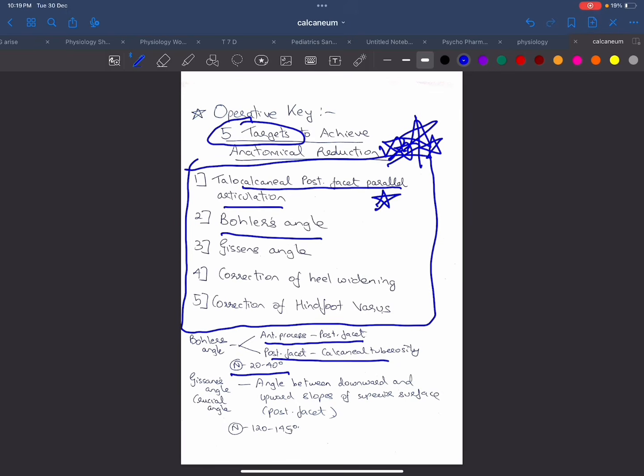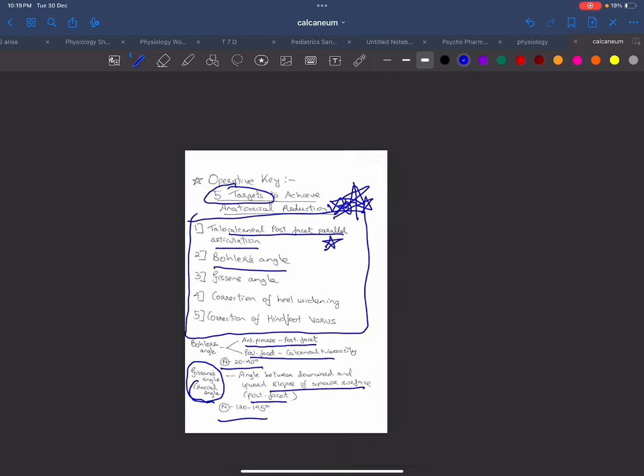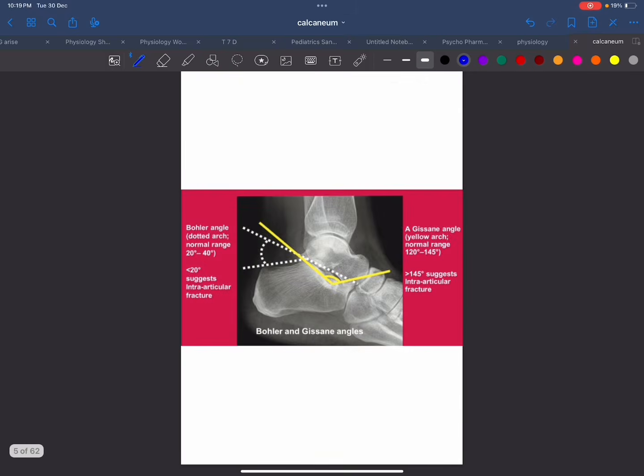Okay, the second angle which is crucial is the crucial angle of Gissane. It is the angle between the downward and upward slope of the superior surface, that is the posterior facet of the calcaneum. This is very, very important to be restored.